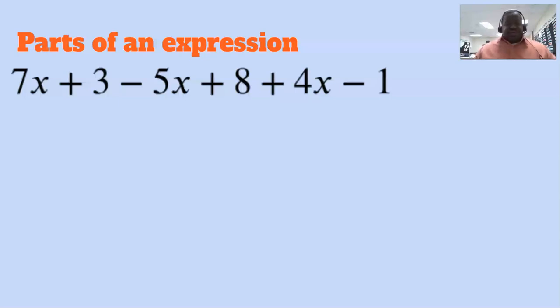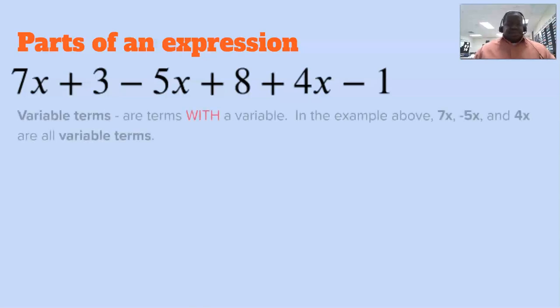So first of all, let's look at the expression 7x plus 3 minus 5x plus 8 plus 4x minus 1. Let's look at the parts of that expression. Well, first of all, we have variable terms. Variable terms are terms with a variable or a letter, if you want to think of it in that way.